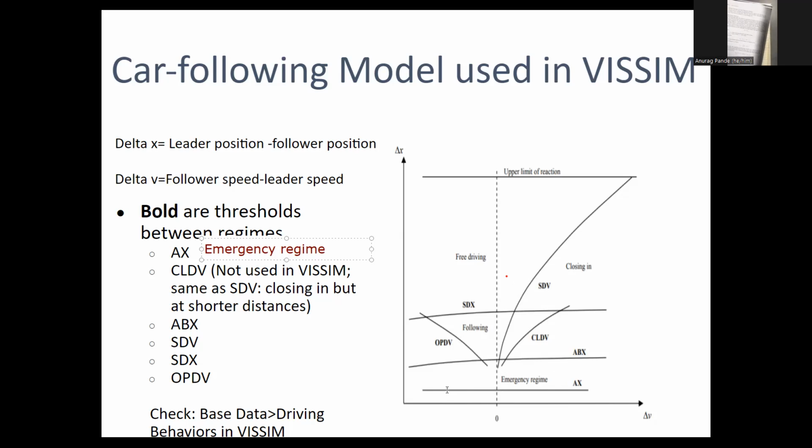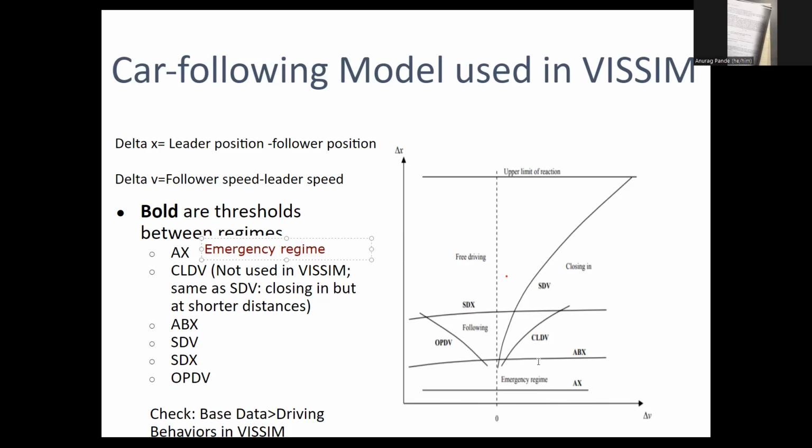Anywhere between ABX and AX, you never want to have any distance lower than AX. So AX is basically where almost a collision has occurred. When you are between ABX and AX, this is where the follower will try to get maximum deceleration.